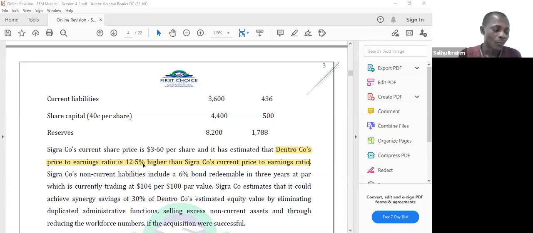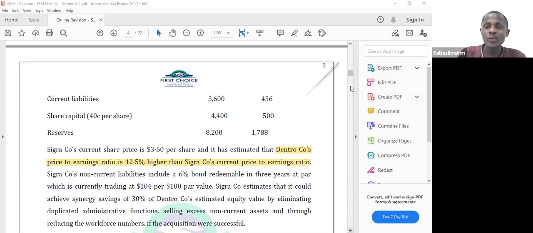When I get that, I will increase the price earnings ratio by 12.5%. Do you understand now? That will be the price earnings ratio of Dentroco. So that's what I'm going to do.